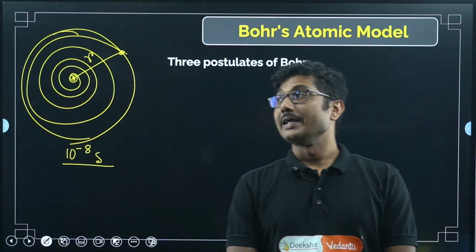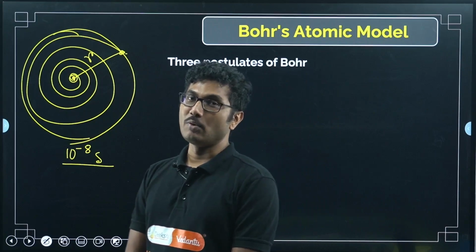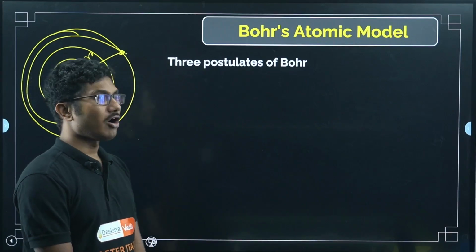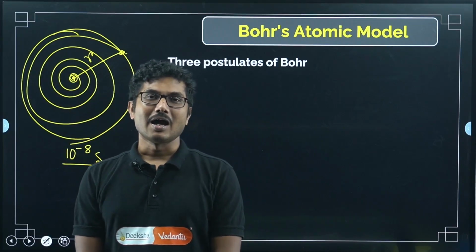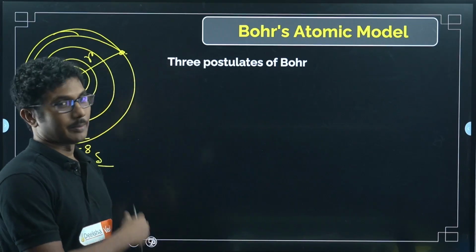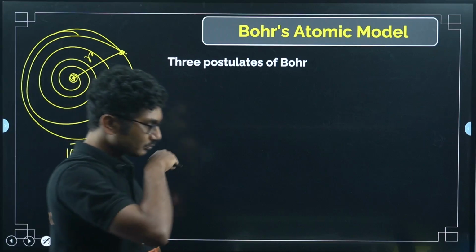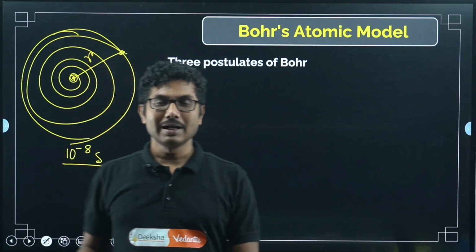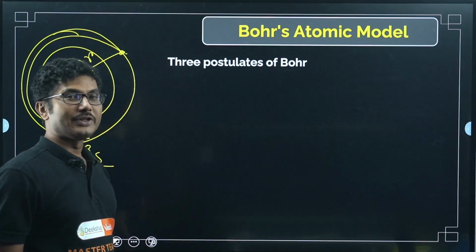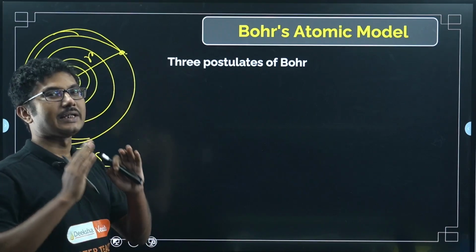So as I said in our previous lecture, Niels Bohr was one of the students of Rutherford. He was studying under Rutherford, and where Rutherford left, he took up and said, okay, we cannot have this model as it is, so I have to define a few things, I have to set certain boundaries.